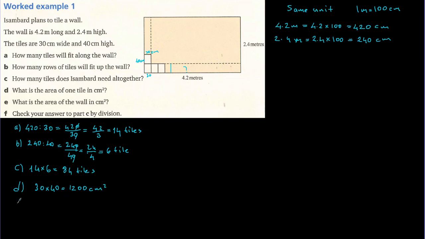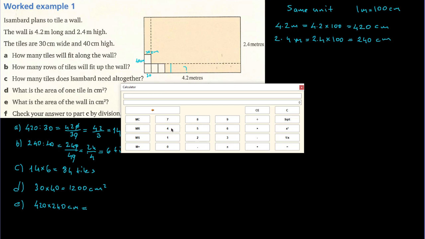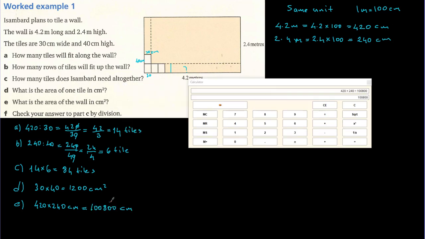And what is the area of the wall in centimeters square? Here 420 times 240 centimeters square, and the result is 100,800 centimeters square.